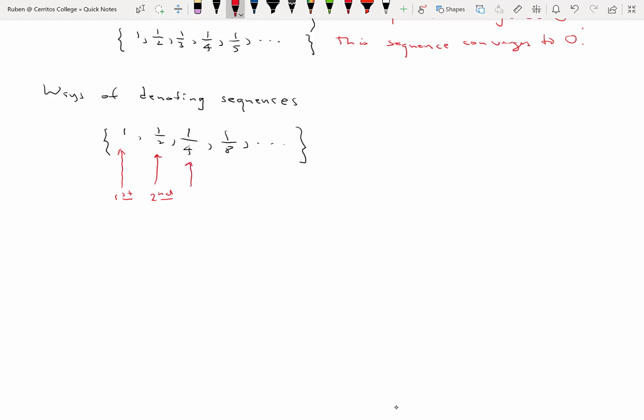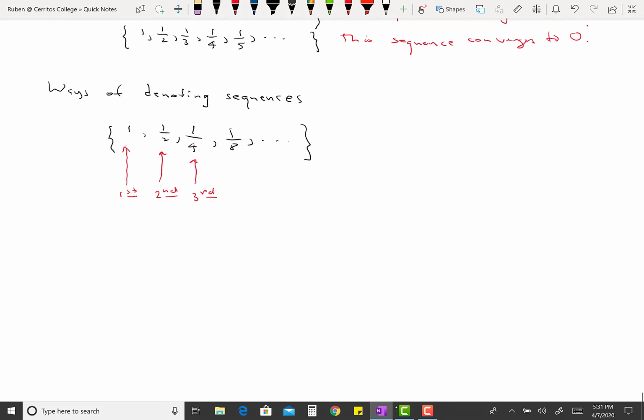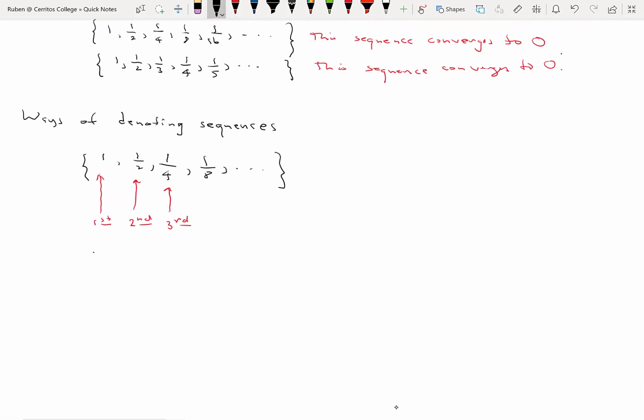So I'd like to create a function which gives me the nth term in a sequence. Okay, so what I'm going to input into this function is the particular term that I'm looking for. So if I want, for example, to designate the first term, I would say A is the function that represents the term in the sequence.